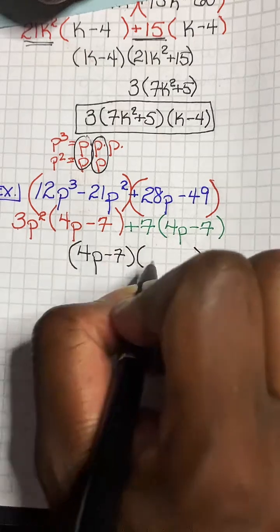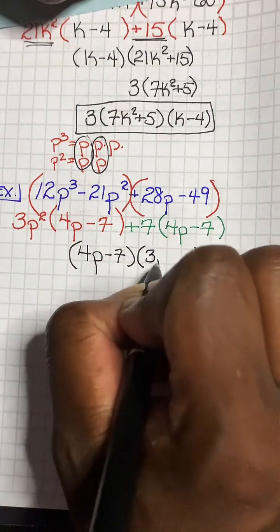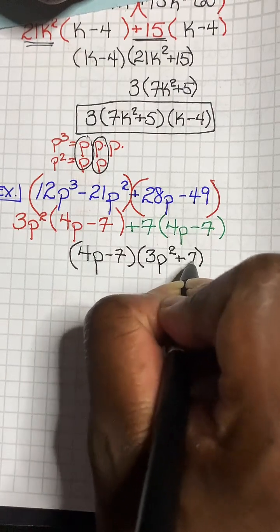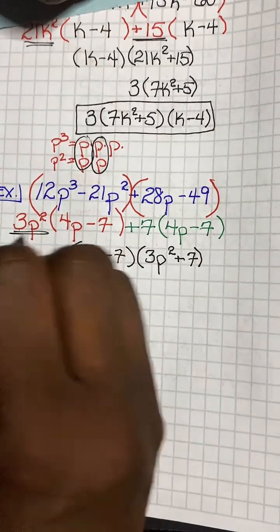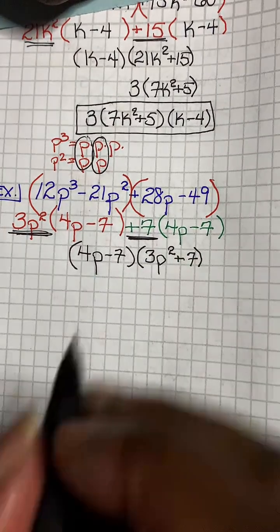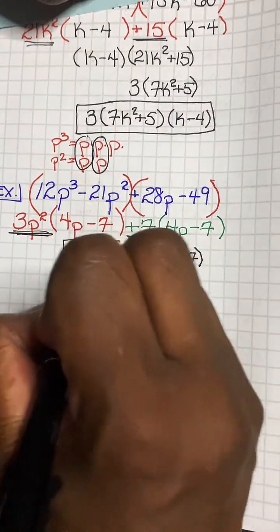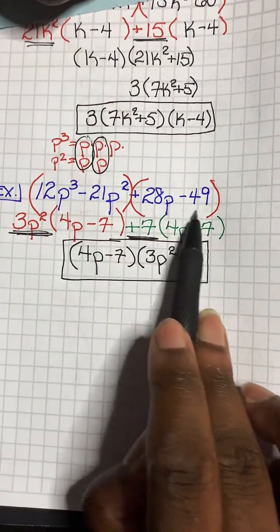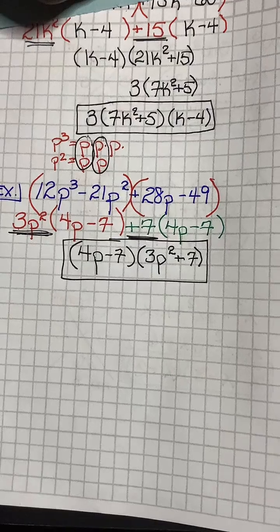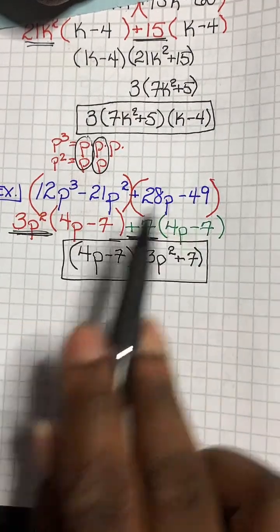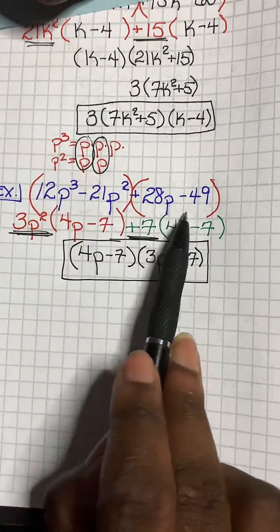So 3p squared plus 7, because the 3p squared is right here and the plus 7's right there. This is the factored form of the original expression. Okay, so when they say factor and you notice you got 4 terms, you're going to do it by grouping.